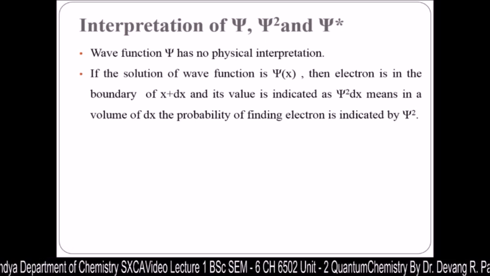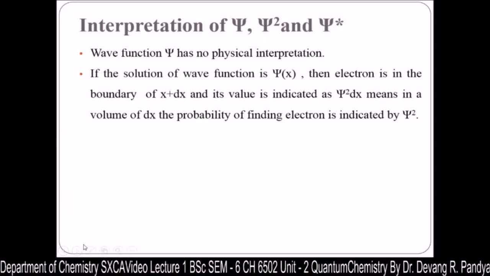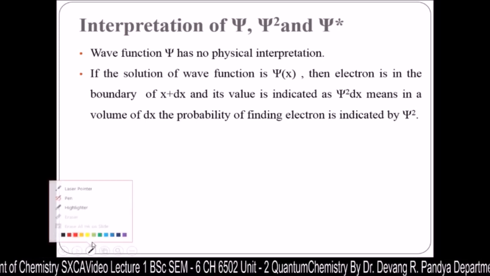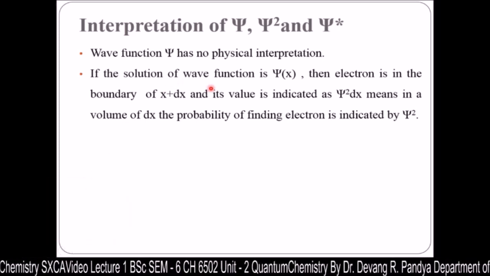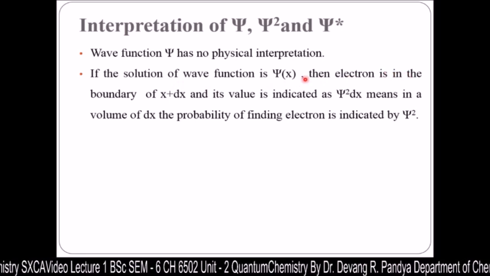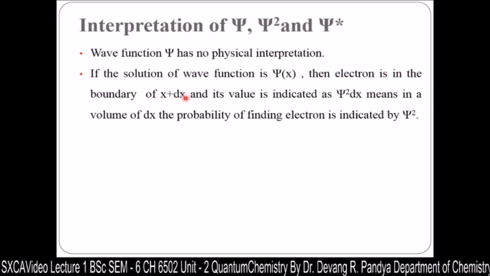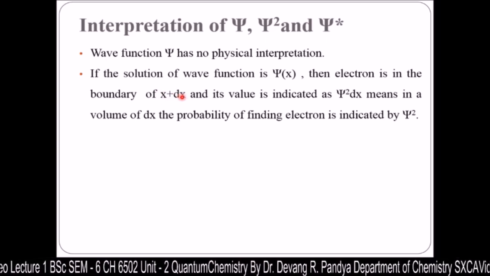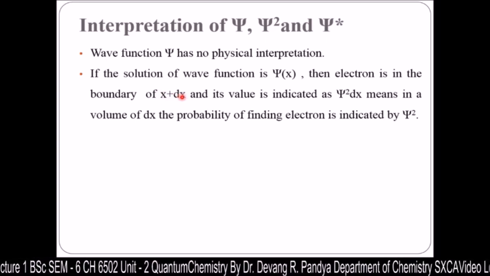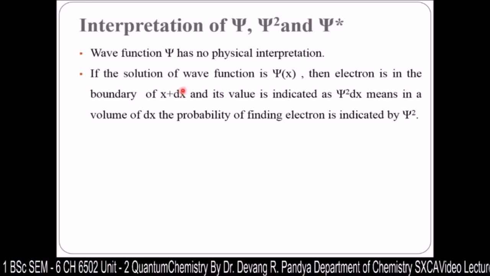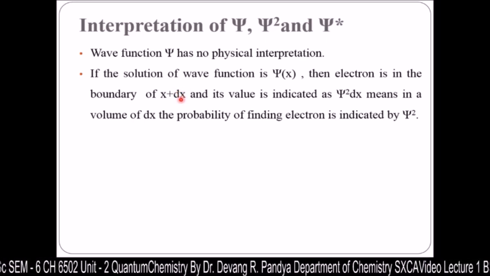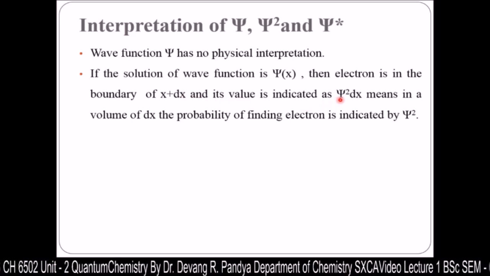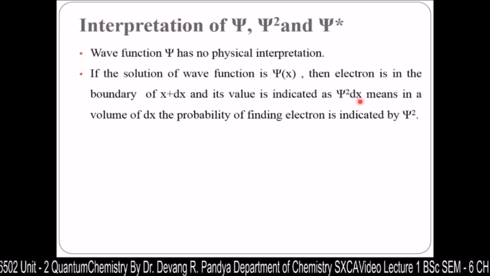Then consider the electron in the boundary of x plus dx. Here x is the x direction and dx is the displacement of the particle in the x direction, the minimum distance covered by the particle, and its value is indicated as psi square dx.